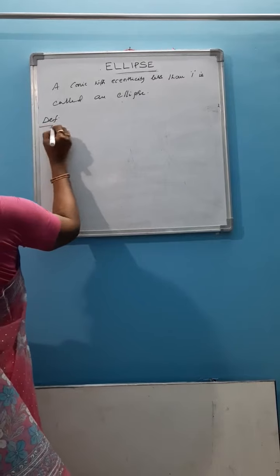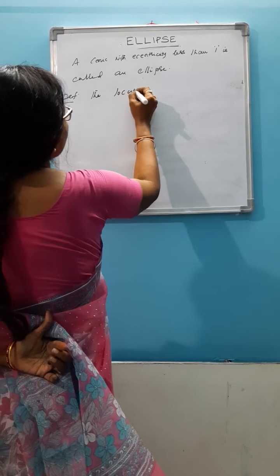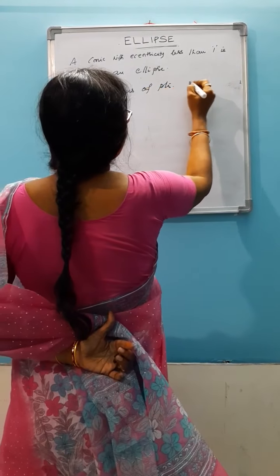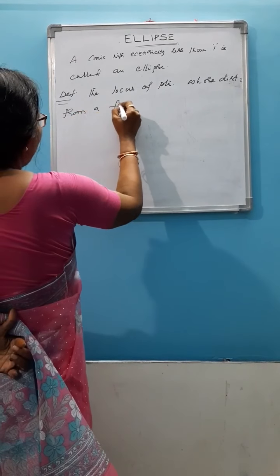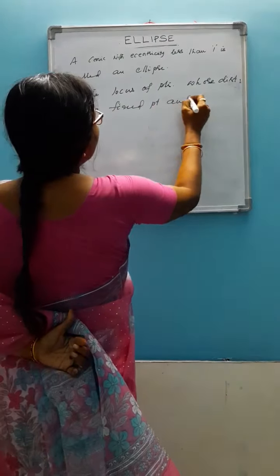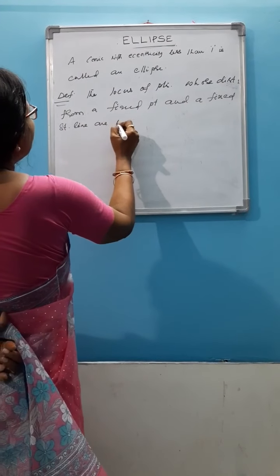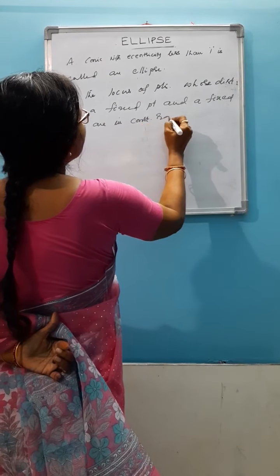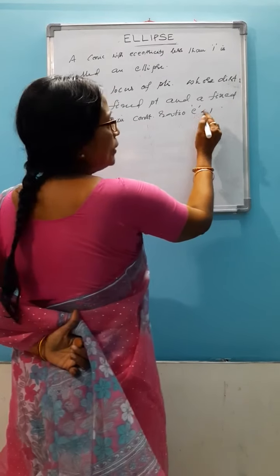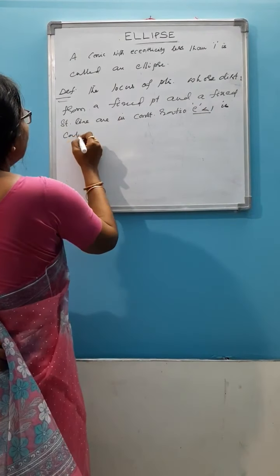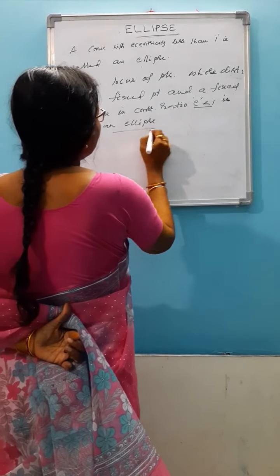Definition of an ellipse: the locus of points whose distance from a fixed point and a fixed straight line are in constant ratio e, less than unity or less than 1, is called an ellipse. This is the standard definition of the ellipse.